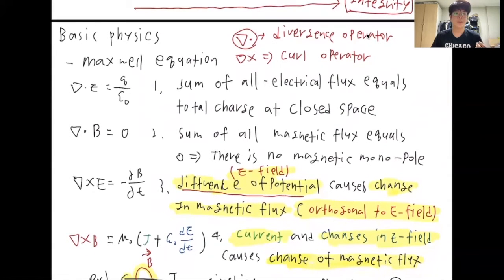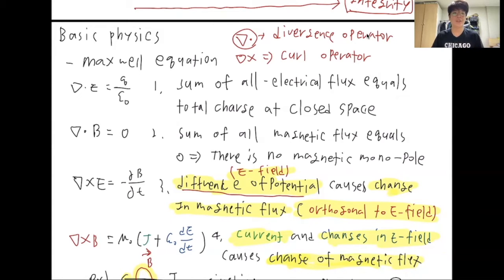To interpret chips or electrical devices, we need two tools from physics. First of all, there are Maxwell's equations. The first equation means that the electric flux passing through a closed space equals the total charge in the space.